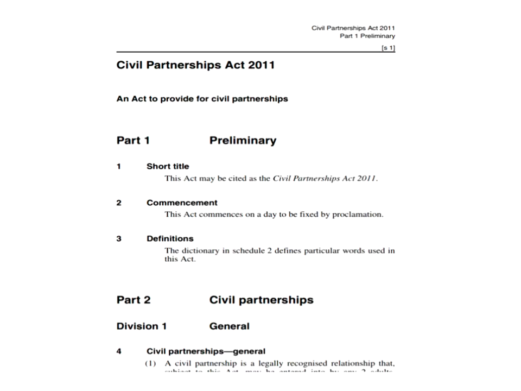So here's your act. This tells you that this is the Civil Partnerships Act 2011 for the state of Queensland, and it tells you the level of currency. It is current as of the 22nd of March 2016. And that shows you the beginning of the act.